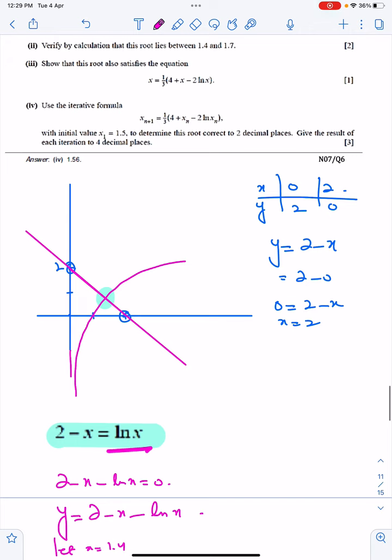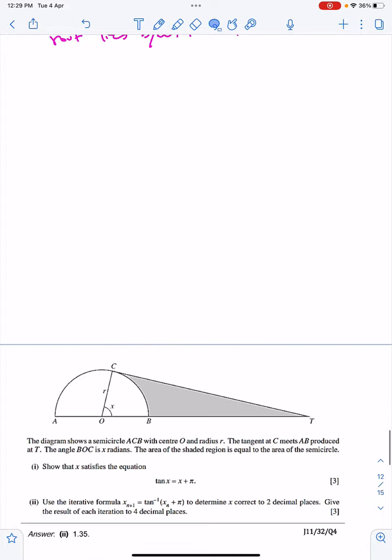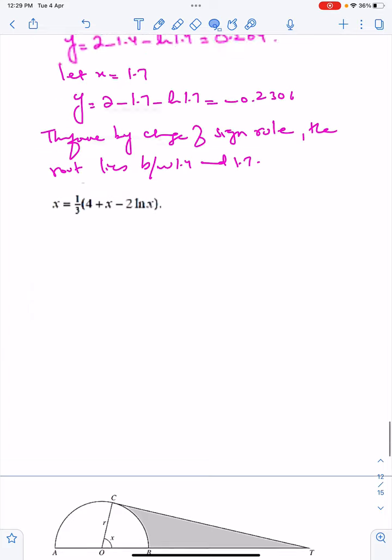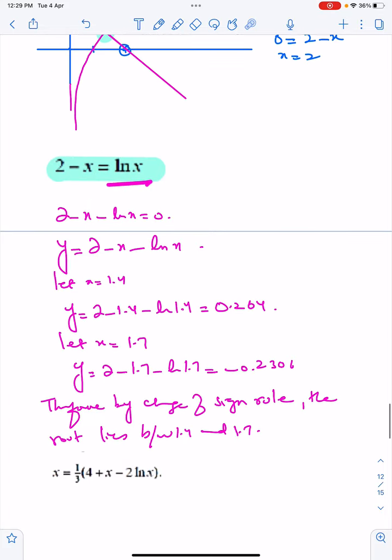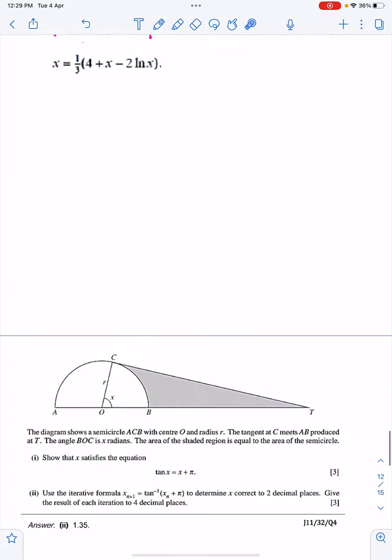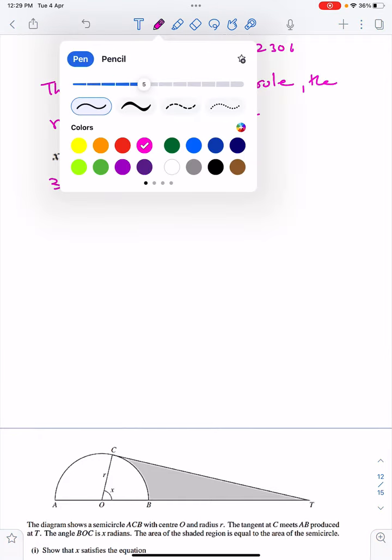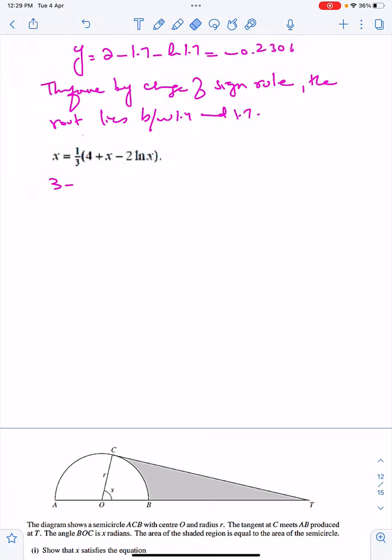Show that this root also satisfies this equation. We're going to copy the equation and rearrange it so that we get the original equation back. So we're going to cross multiply: 3 minus 3x equals 4 plus x minus 2 ln x.